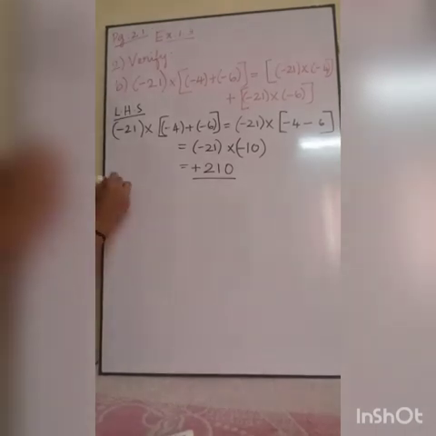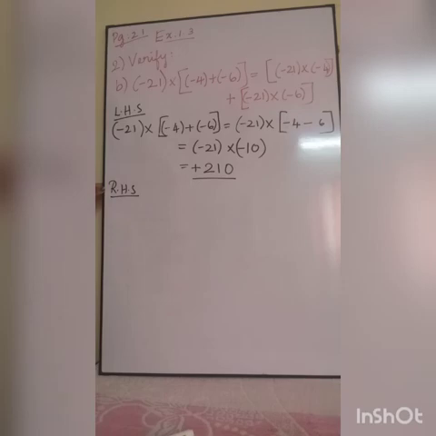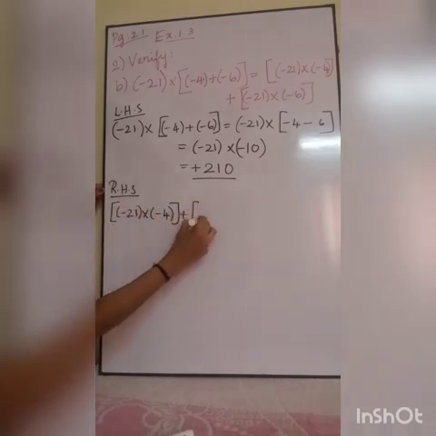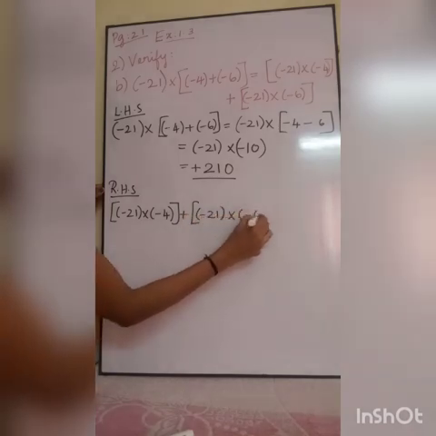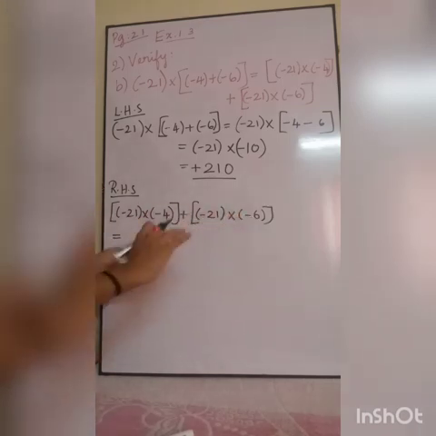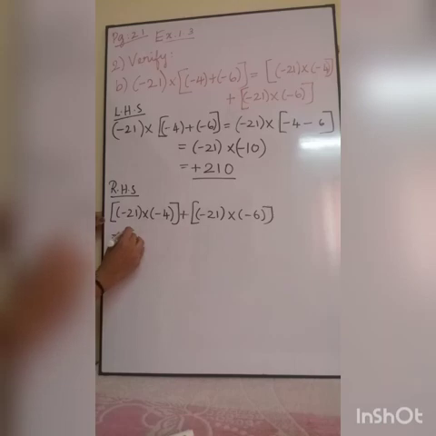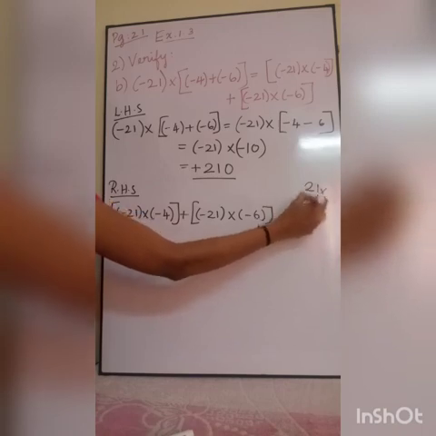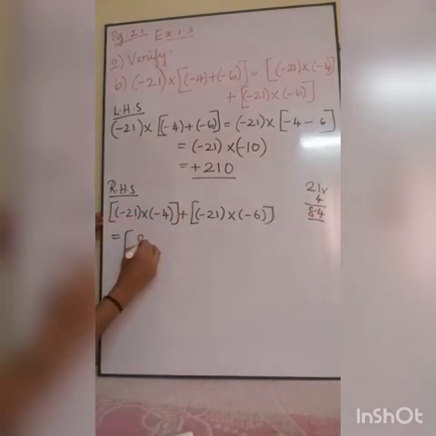Next I am going to take RHS. This is all you should work out, children, in your classwork note so that you are able to understand it very easily. Minus 21 into minus 4 plus minus 21 into minus 6. Now I am going to solve this. I told you we can do this separately, then add it. Minus 21 is one integer, minus 4 is one integer, so I multiply the two integers. 21 into 4: 1 4s are 4, 4 2s are 8, so the answer is 84.